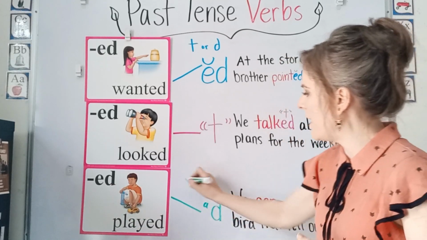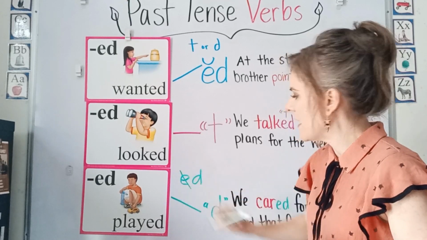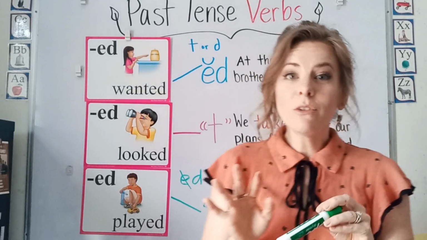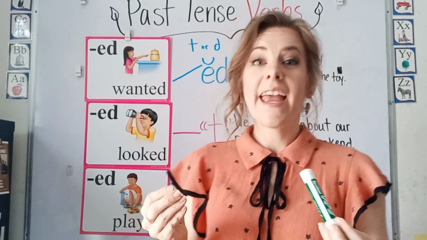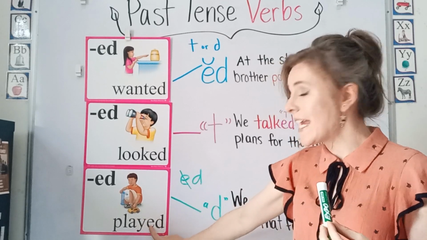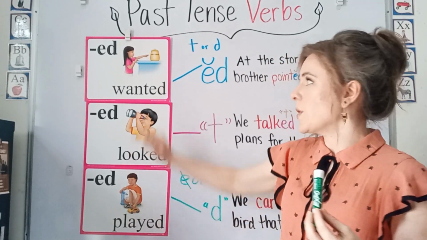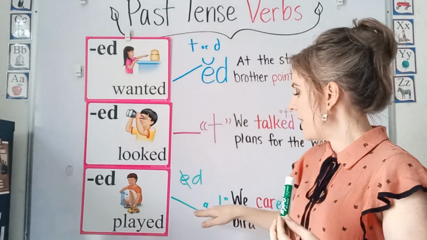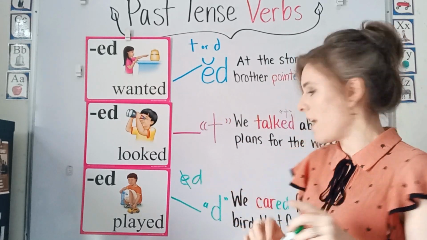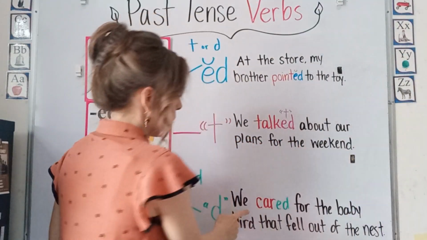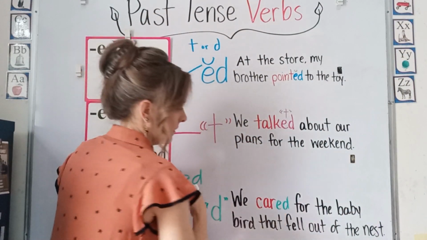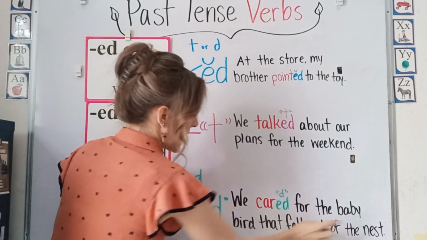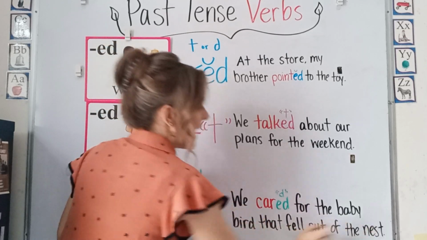Now with this one, the E doesn't make a sound. The E is silent. You don't hear it. You only hear the D in played. But the E is still there. You still spell all of these ed, but this one makes just the D sound, okay? We cared, D sound, for the baby bird that fell out of the nest, okay?